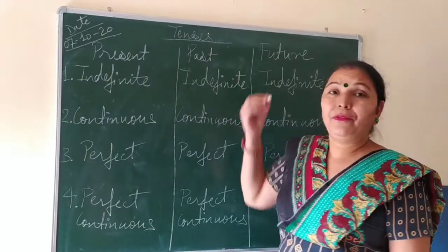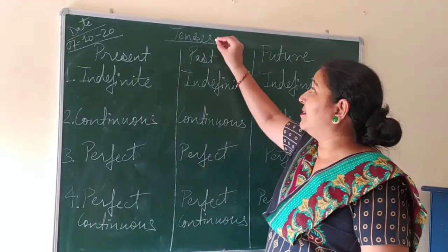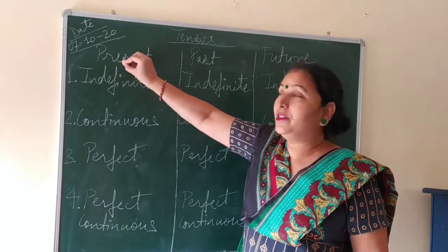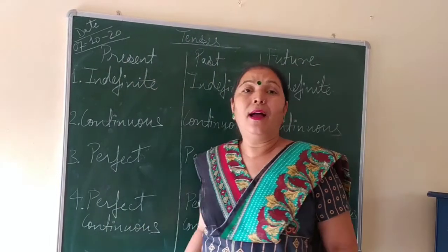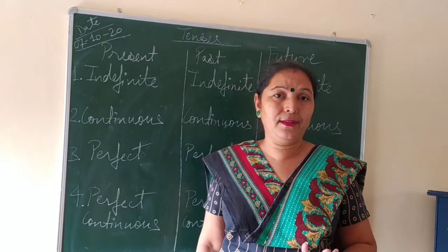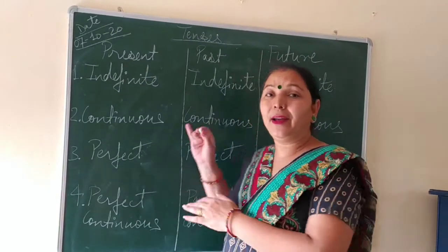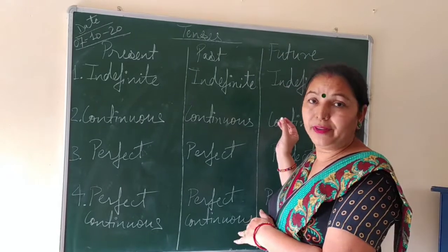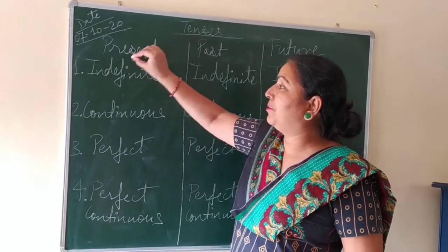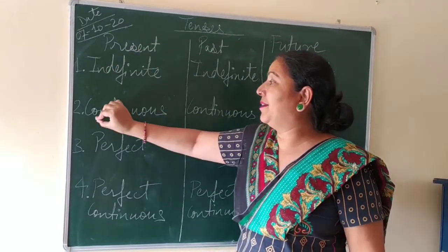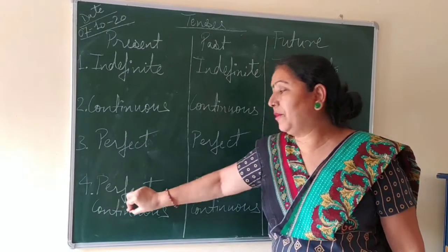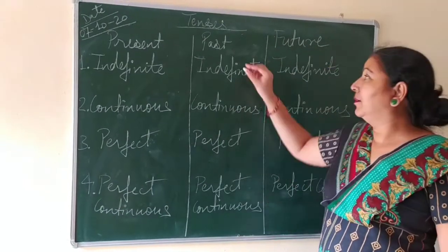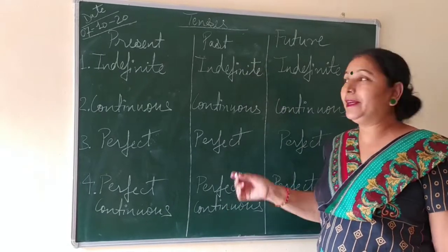So according to the family tree of tenses, tenses are of 3 types: present, past, future. Under present, again there are 4 subdivisions. That is, first one is present indefinite, present continuous, present perfect, and present perfect continuous. Again, for past also we have to repeat the same thing.